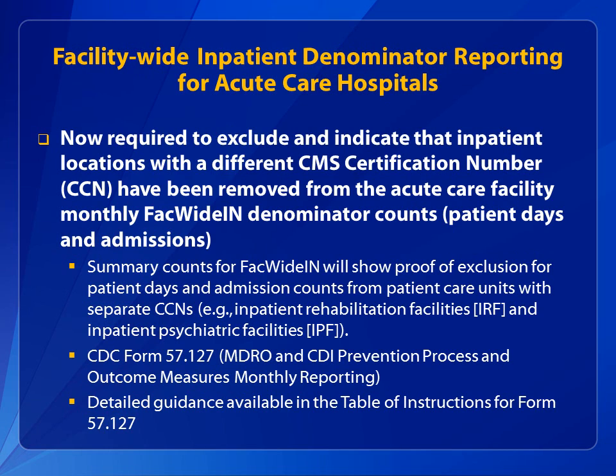This may include CMS Inpatient Rehabilitation Facilities or CMS Inpatient Psychiatric Facilities. Hospitals will notice these changes on the CDI prevention process and outcome measures monthly reporting form. Specific guidance for completing this form can be found in the table of instructions.